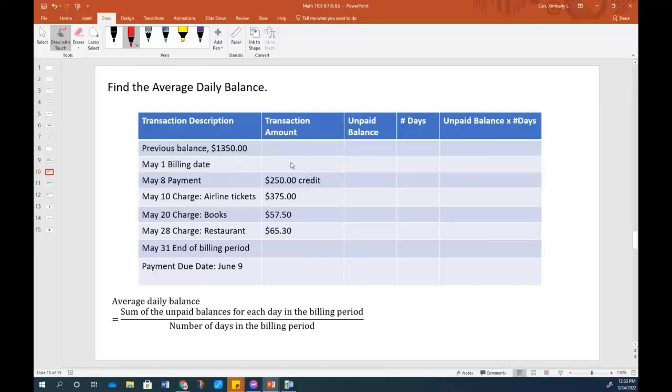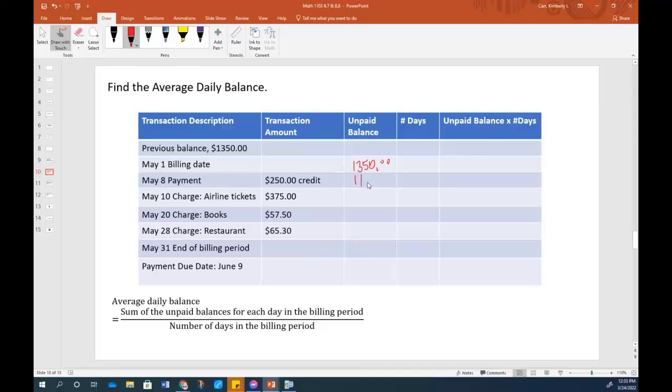Looking here, the very first thing I'm going to do is say that my original unpaid balance, according to them, on May 1, so I'm starting here where it said May 1. On May 1, my unpaid balance is $1,350 and no cents. When I make a credit, that amount goes down $250.